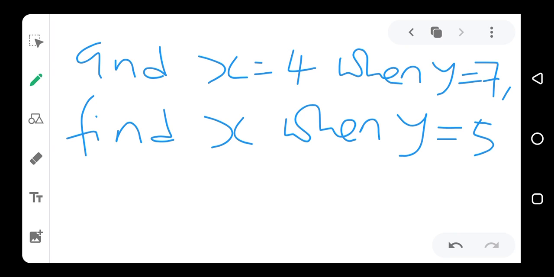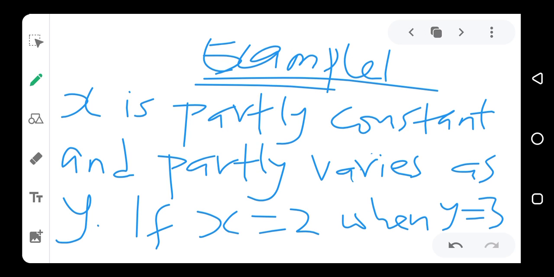Okay, so let's see this question. In this question, we have that x is partly constant. This is how you know a partial variation. They will always tell you that one of the quantities is partly constant, and partly varies as y.